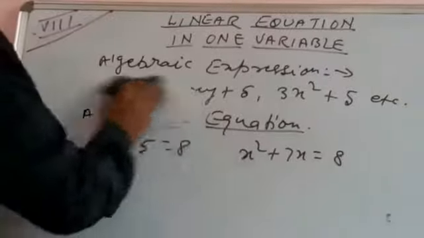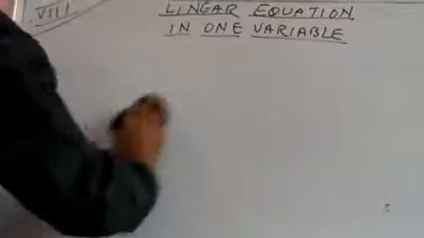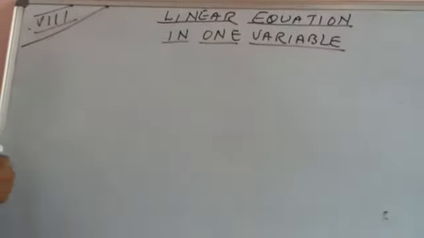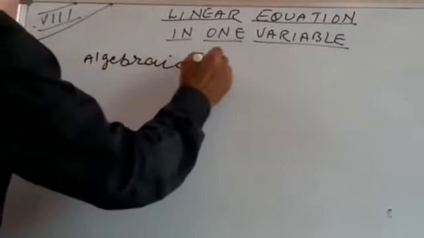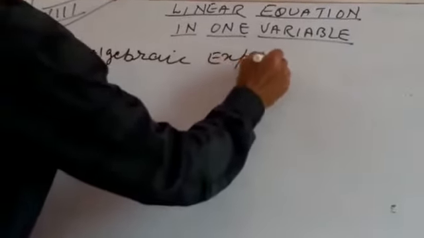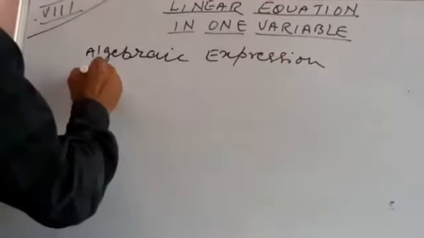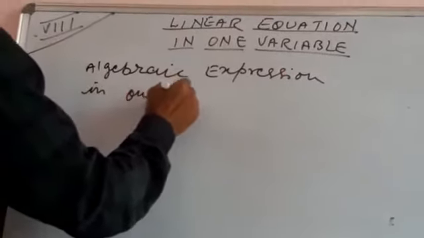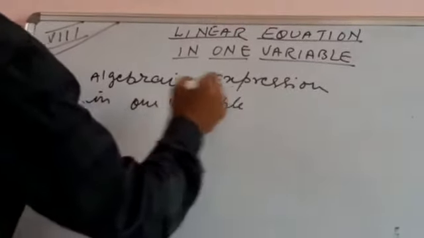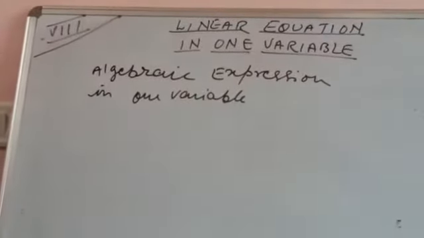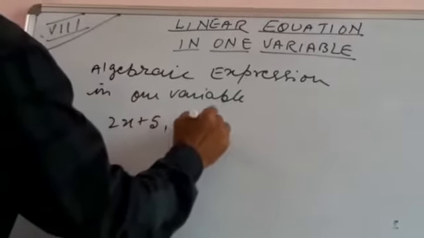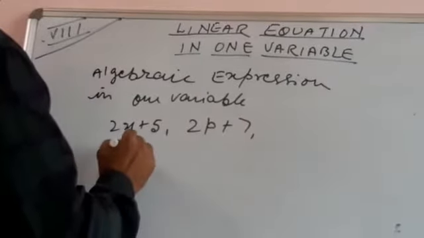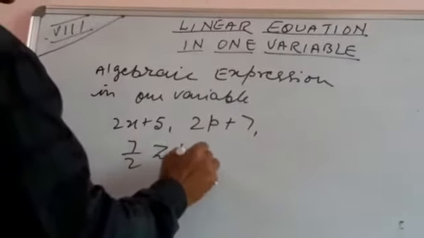Before starting with the chapter linear equation in one variable, let us have some more things. Algebraic expression in one variable. Let us have examples: 2x plus 5, 2p plus 7, 7 by 2 z plus 8.